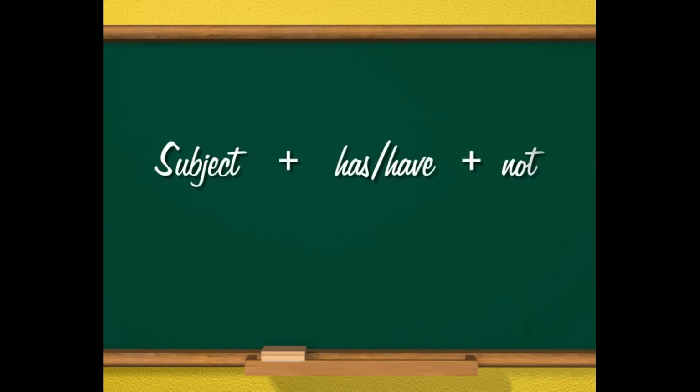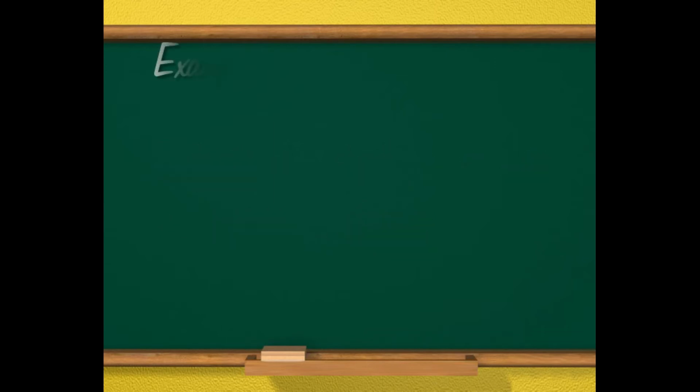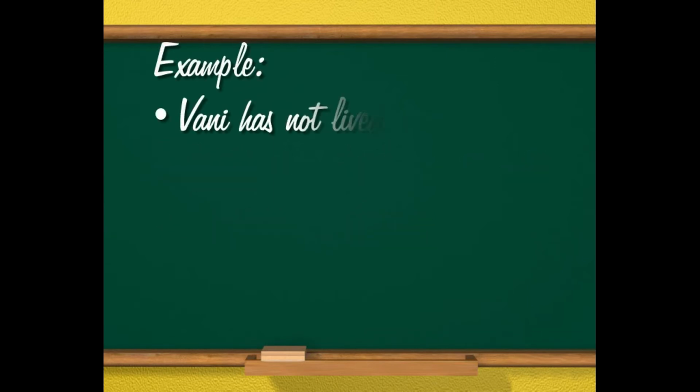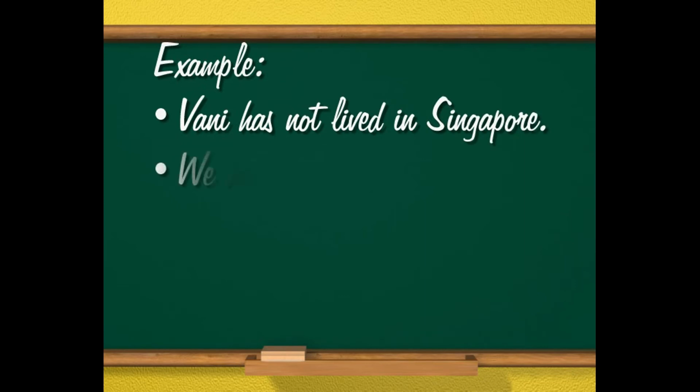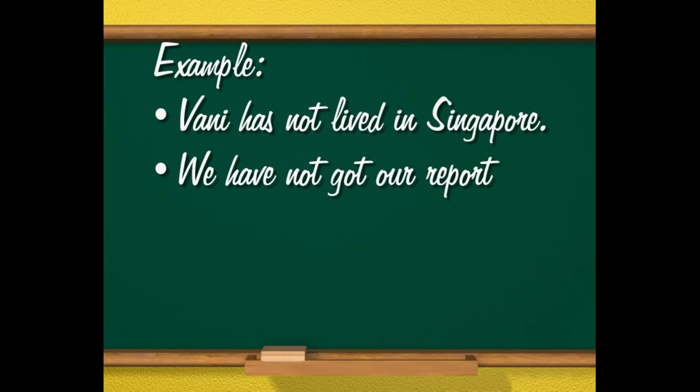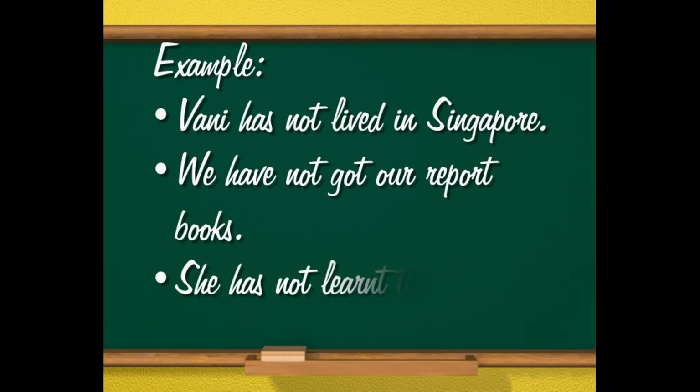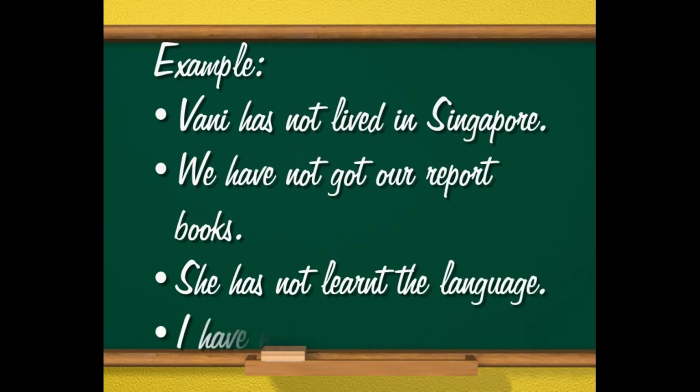Subject plus has or have plus not plus main verb 3 plus object. Example, Vani has not lived in Singapore. We have not got our report books. She has not learnt the language. I have not seen Reena.